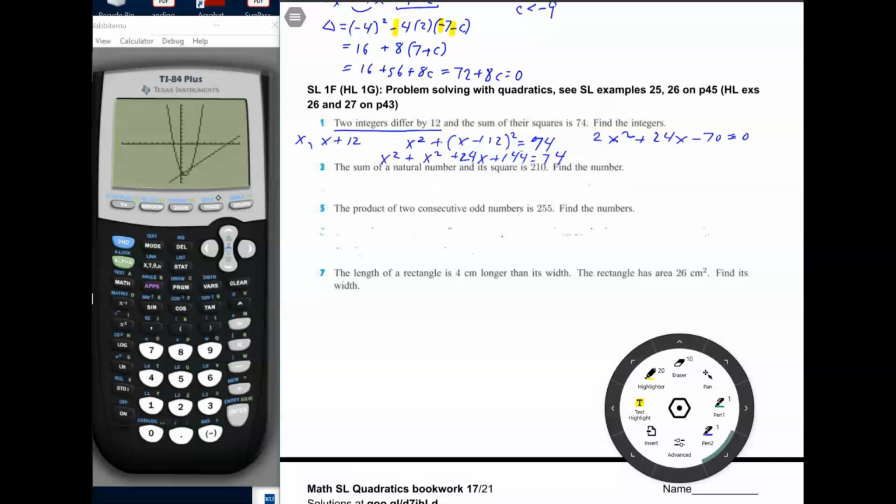And remember, there's several ways of doing this, including factoring. I'm going to factor 2 out of everything just to see if it becomes something easy to factor. Okay, kind of.